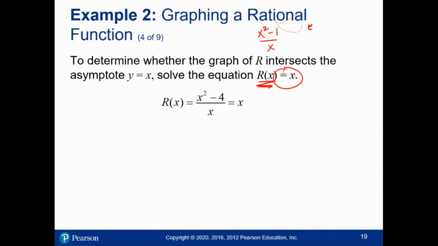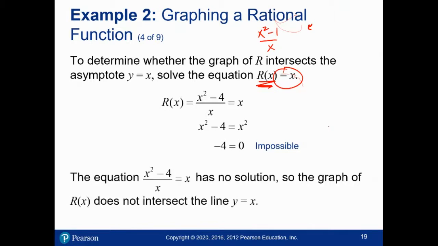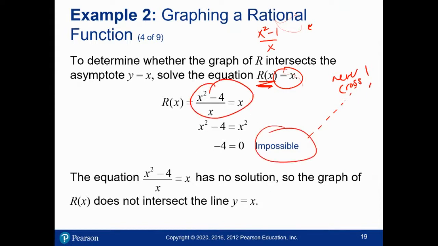So I set them equal to each other, multiply by x, and notice we get -1 equals 0, which never happens. So there are no intersections. So when I draw this slant asymptote, I know the graph is never going to cross it, because these two things could never equal each other.